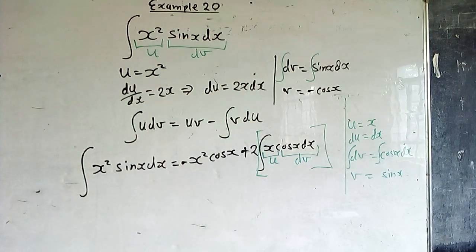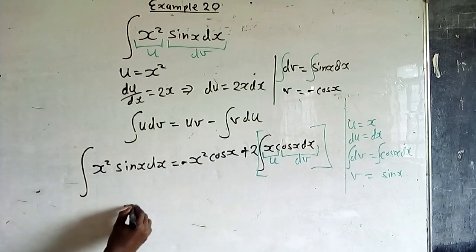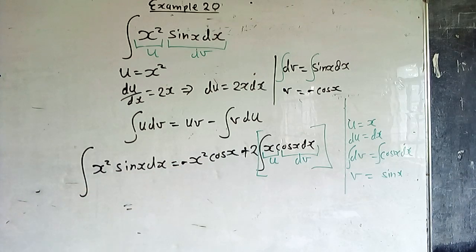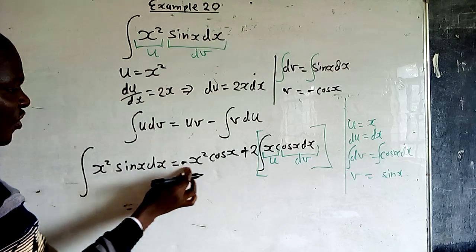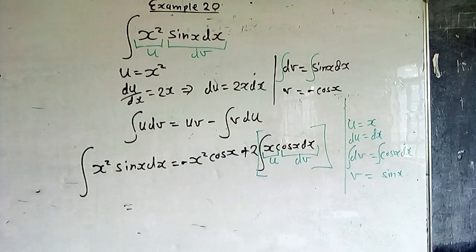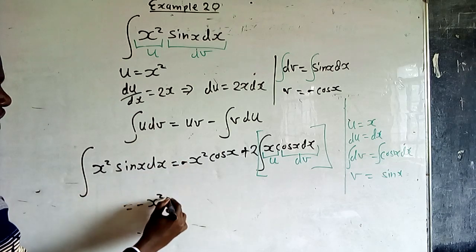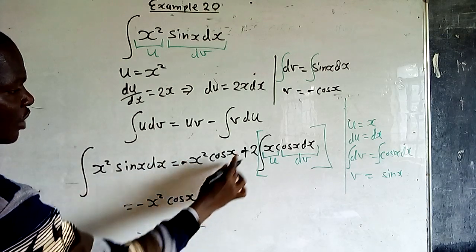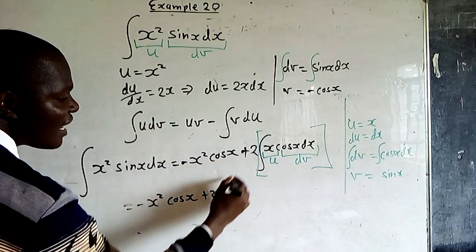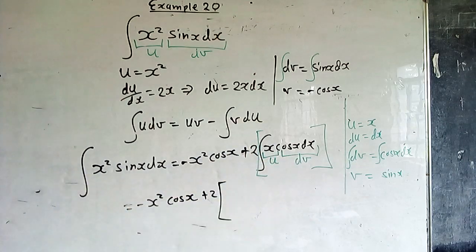So from there, do the substitution. So this one is equal to, so that is the reason why I placed it aside so that we just continue with the equal sign in our assembly. Are we together? So here you have equals negative x squared cos x plus 2, then in bracket I have u dv.